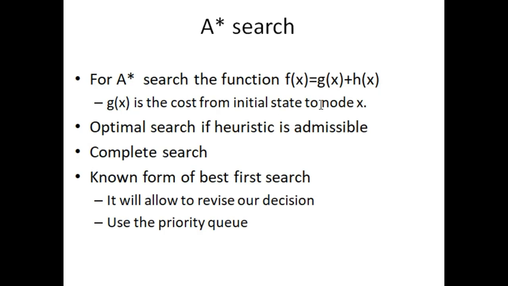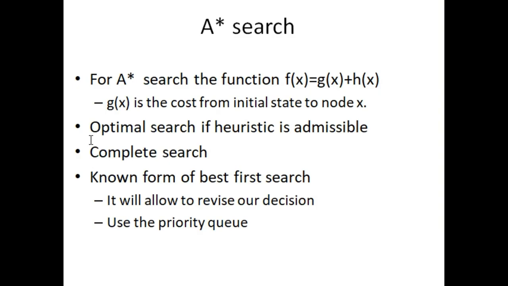In our previous two search techniques, greedy best first search as well as best first search, both use the heuristic value as the function. The value of this function decides which node we will explore next. The A star search technique is also an optimal search.